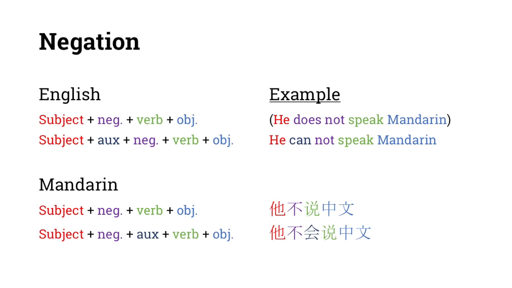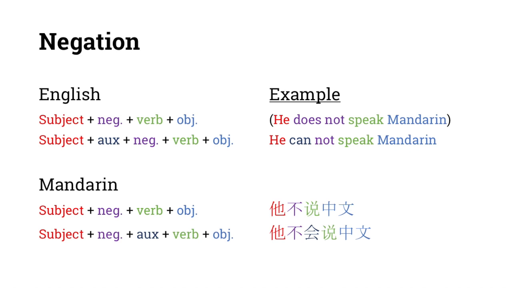If you want to negate the sentences that we've gone over, just like in English, the negation comes before the verb. In English, we would say he does not speak Mandarin. Does not comes before speak. In Mandarin, 他不会说中文. But a difference here is that in English, we add an extra verb when we negate.